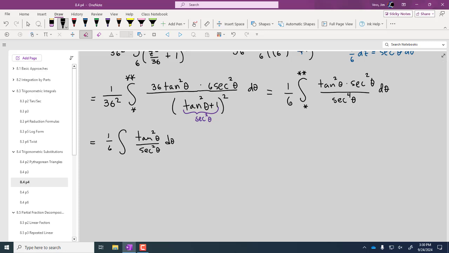This, once again, is not log form, definitely not log form, and it's also not in the tangent secant power. It doesn't match the powers, right? If we had products of tans and secants, we needed an even power on secant or an odd power on tangent. Doesn't satisfy that. So we're going to go to the Pythagorean theorem, and how do we rewrite tan squared?